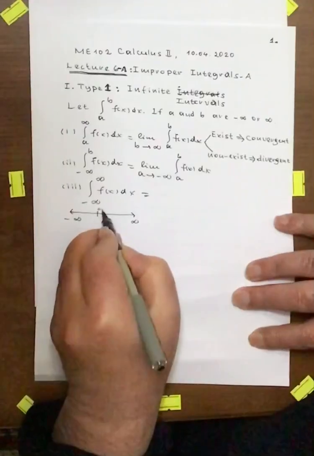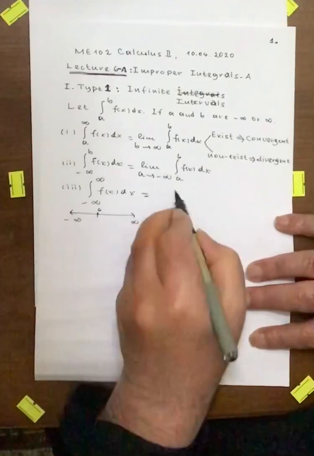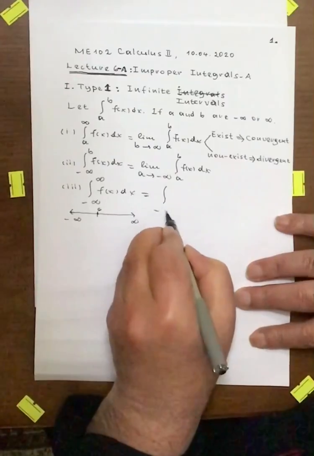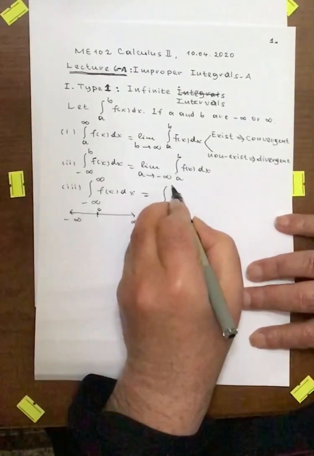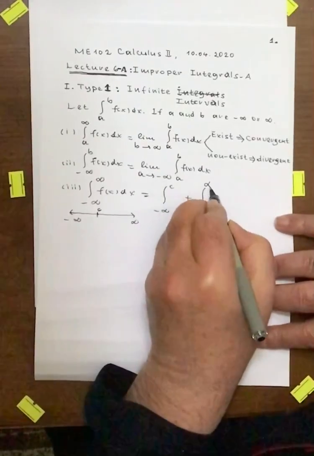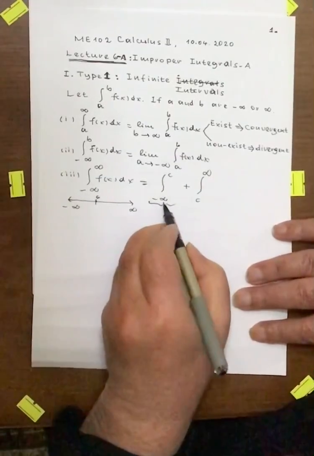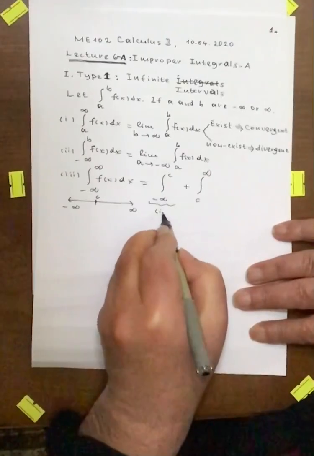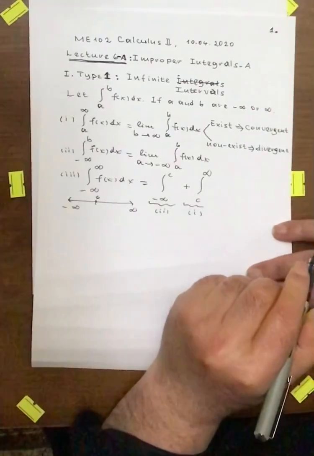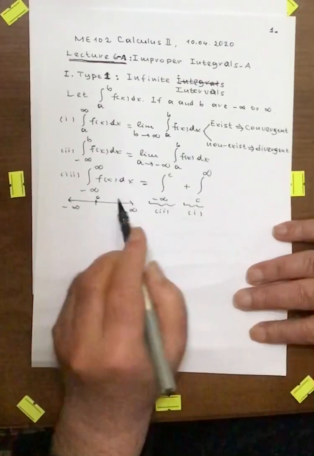Let's take a point here, point C. Then we can write this integral as minus infinity to C plus from C to infinity. As you can see, this is our second type. This one is first type, infinite intervals.